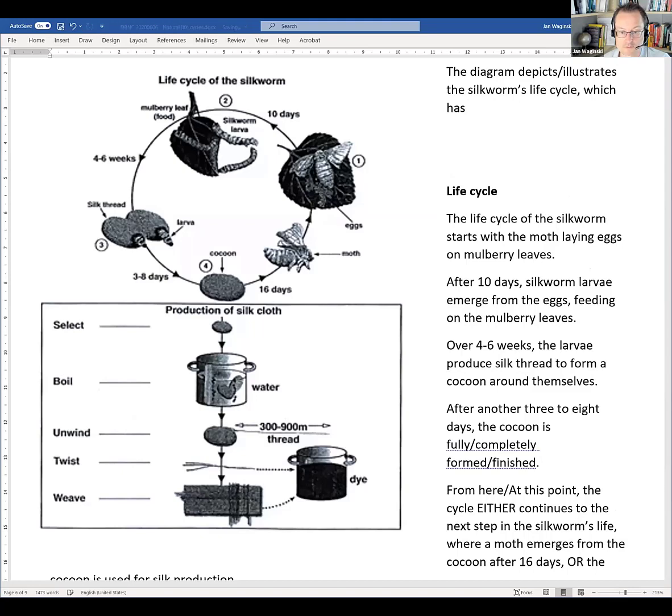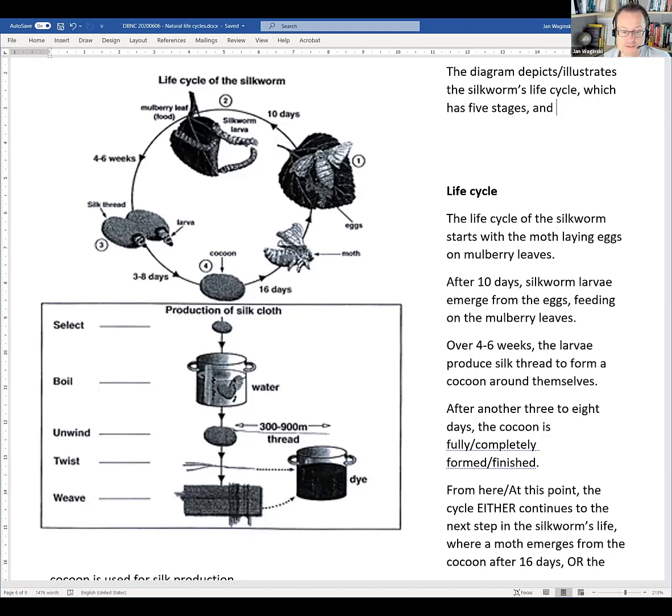Actually, it should be 5, right? Okay, so 5 stages, and we missed one thing here. Maybe we didn't. Okay, I think we're okay. The diagram depicts or illustrates the silkworm's life cycle, which has 5 stages. Do you want to join the production of the silk cloth also into the introduction?